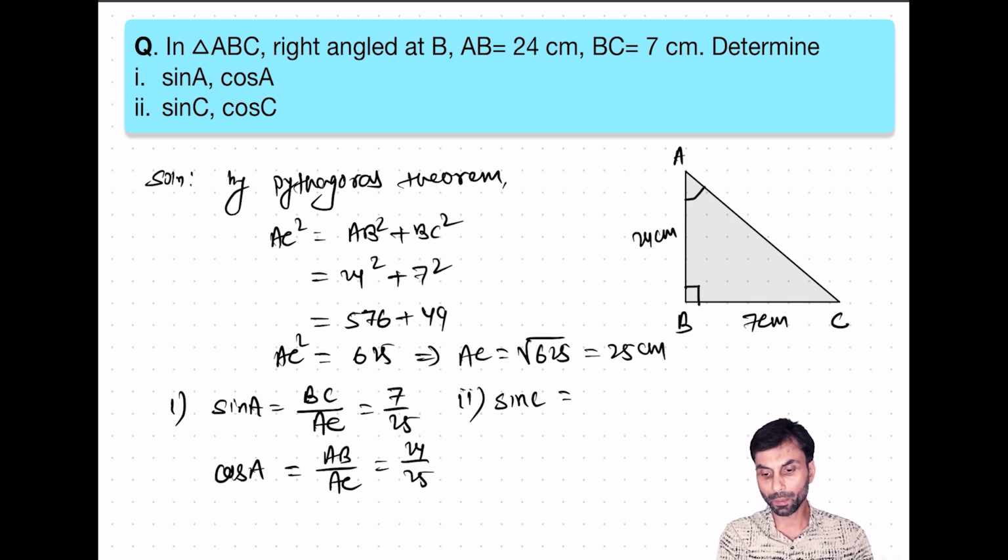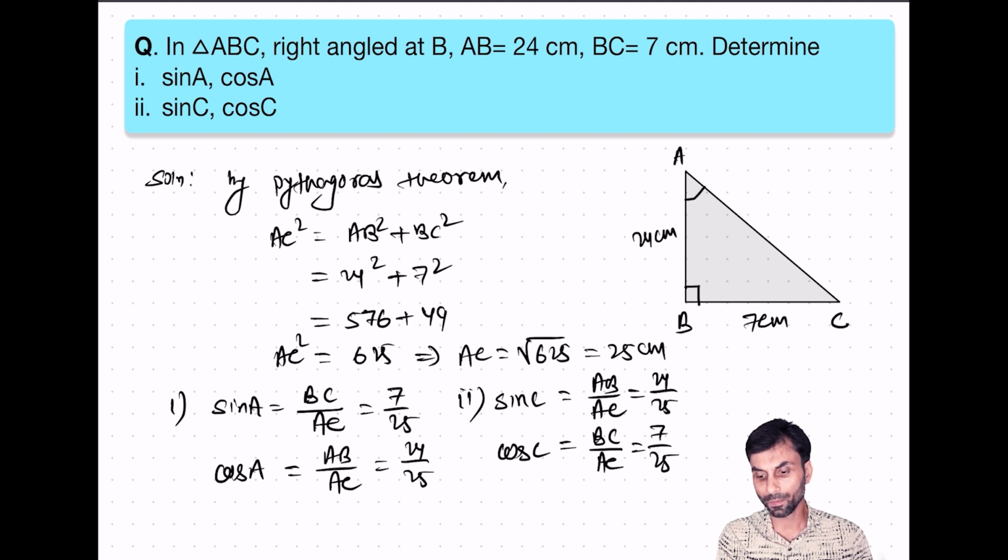So sine C will be opposite, which is AB upon hypotenuse AC, whose value will be equal to 24 upon 25, and then the value of cos C, that will be adjacent BC upon hypotenuse AC, and so it will be 7 upon 25, which will be the value of these trigonometric ratios.